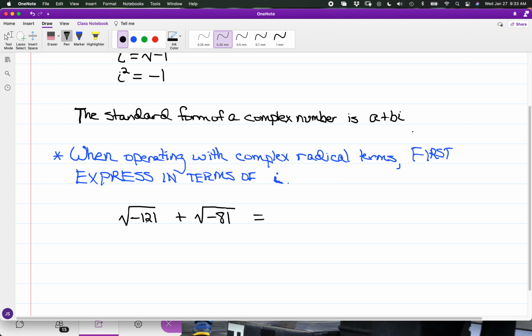The square root of 121 is 11, so that of -121 is 11i. For the square root of -81, the square root of 81 is 9, and that of -81 comes out to 9i. So we have 11i plus 9i, whereupon we have the sum at 20i.